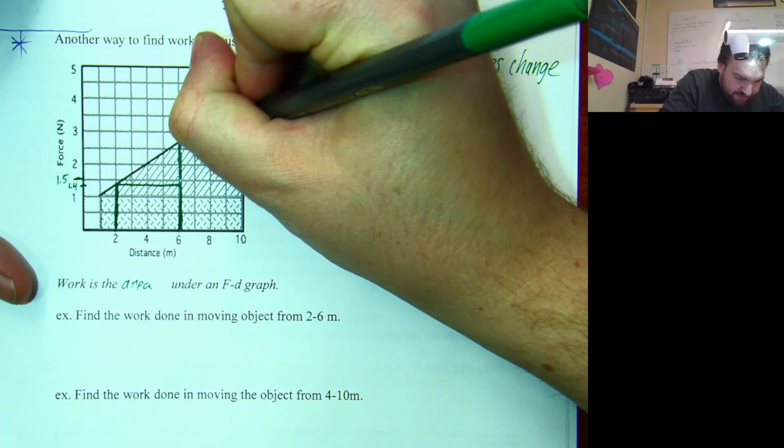So now I want to find this area here, and I want to find this area here, and then I'm going to add them together. The area of our triangle is what? Formula is? Yeah, 1/2 the base times the height.